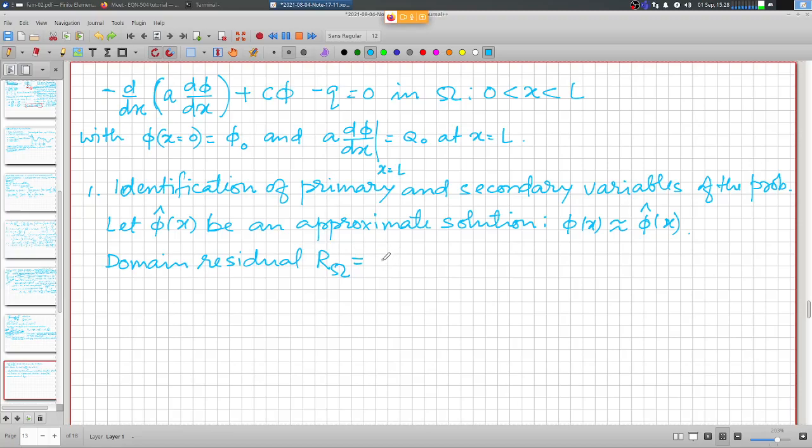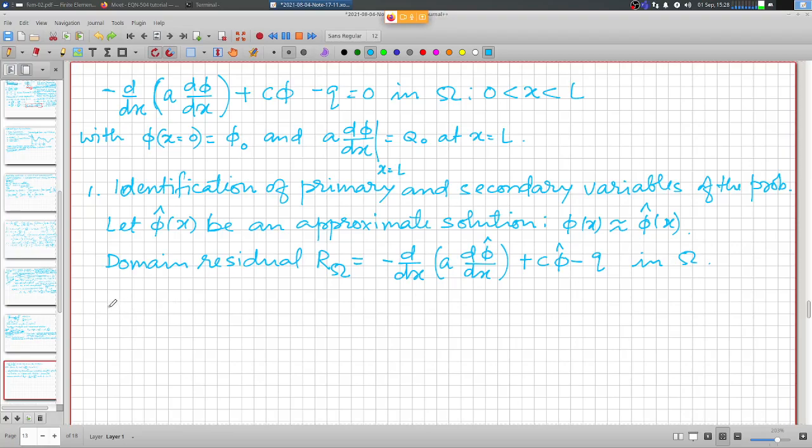So r omega is going to be negative of d over dx of a times d phi hat over dx plus c phi hat minus q, and this is in omega, right? And this need not be equal to 0.